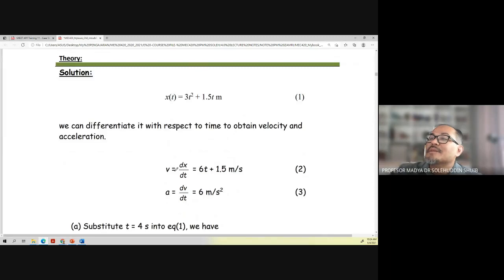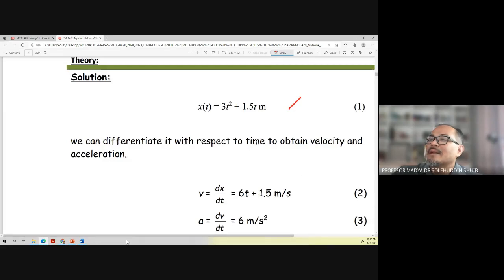We have the equation x equals 3t squared plus 1.5. Okay, so you want to find the velocity. So start with this one. Just want to show you the general thing that we are trying to do for this class. So we have this basic equation, x equals 3t squared plus 1.5. Okay, I enlarge it so you can see.